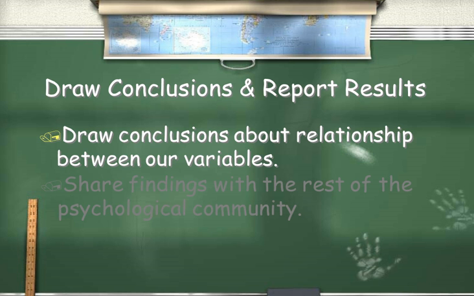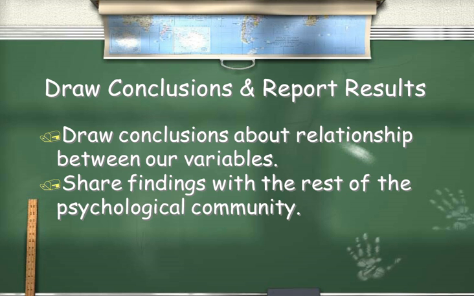So obviously we want to share our results with the rest of the psychological community, and one of the ways that we do that is through these peer-reviewed articles, so that someone else has an opportunity to look at it and decide that there is in fact some validity to my research or your research.